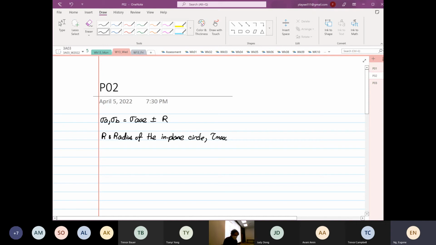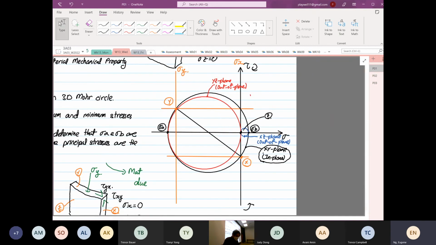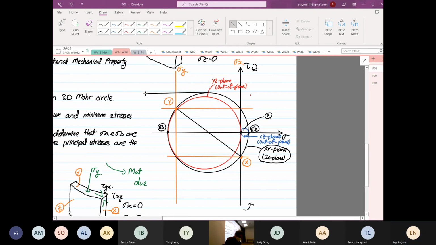The tau max is the maximum, as you can see from our Mohr's circle. The biggest circle is the in-plane, so from here to here, we can see that it poses the largest circle. So this is our tau max.